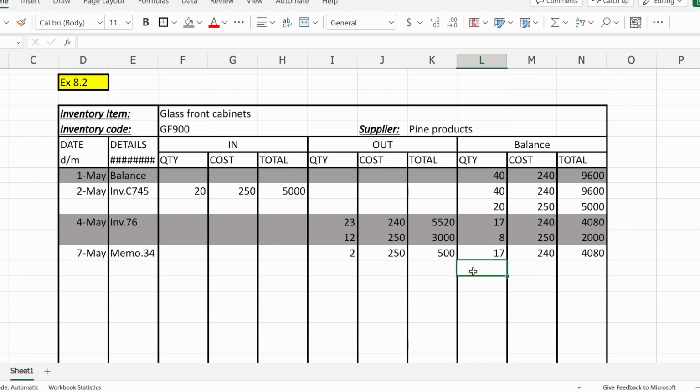From the remaining 8, the owner withdrew 2. So how much are left? 6, which are worth 250, and 6 times 250 is 1,500. So that's it for the 7th. Let's go to the next one.